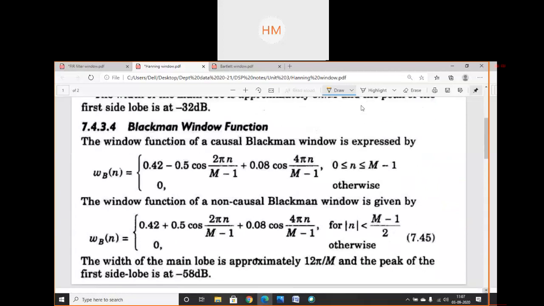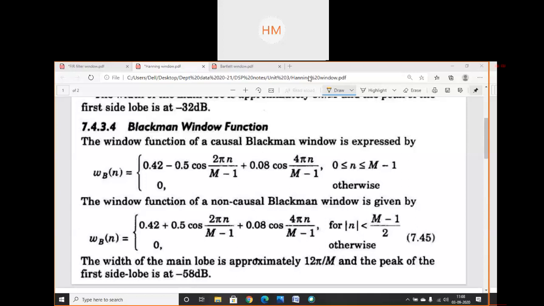Blackman window function. Write it down in your copy. Finish writing. Okay.